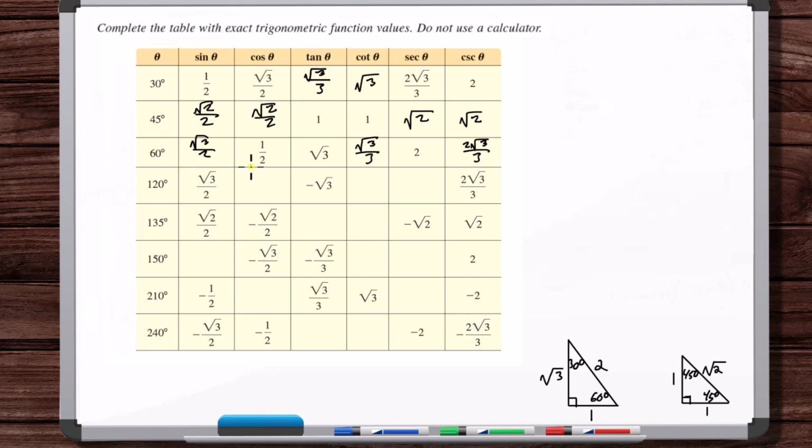Okay, now what happens with the reference angles, which all of these are going to have reference angles of 30, 45, or 60, what does that mean? That means that all of these trig functions are going to have the exact same magnitudes as these, but they might be negative or positive depending on the quadrant.